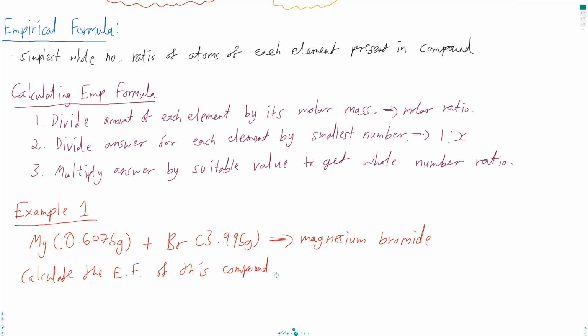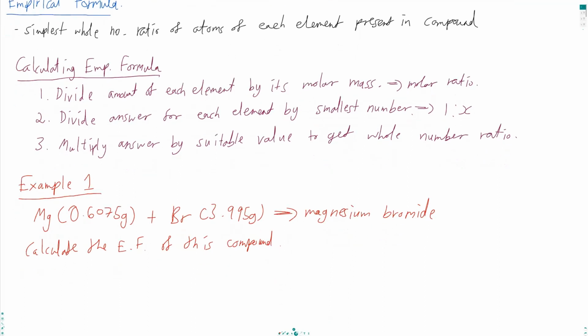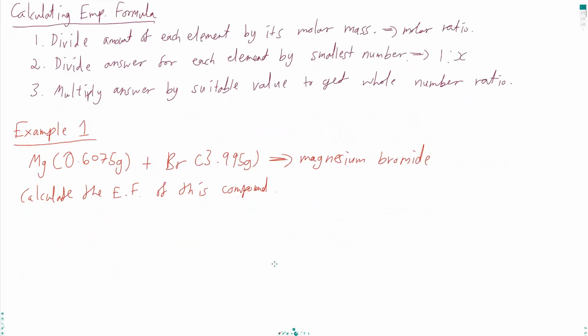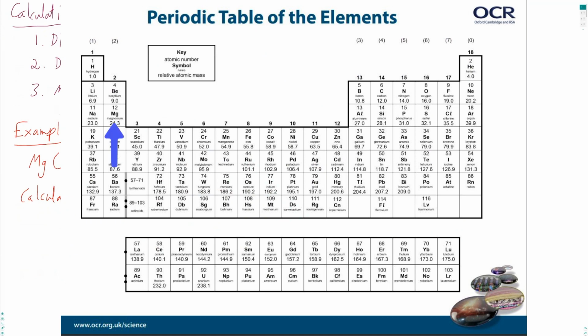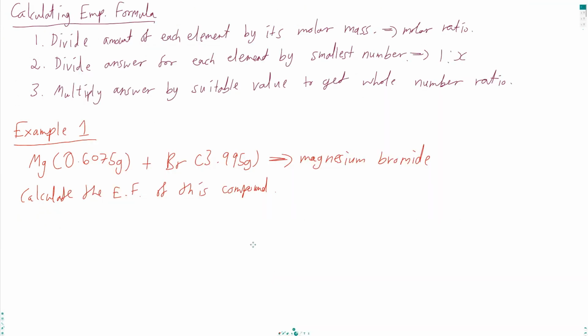And in here, they've given you the molar mass for both magnesium and bromine, but I'll show you what they are. I'll put up the periodic table on screen now, and then you can see for yourself what the molar masses for Mg and Br are. But they're given in the textbook, so I'm going to use the values in the textbook.